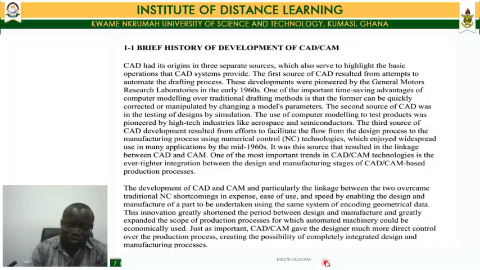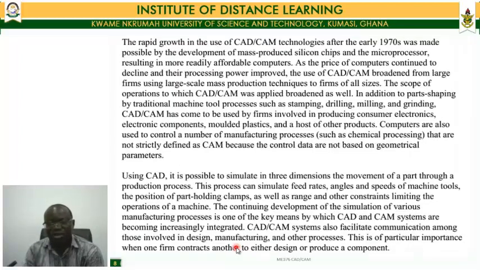So you could notice that just as important, CAD/CAM gave the designer more direct control over the production process, it also created the possibility of completely integrated design manufacturing process. So that is what we can say about this history.